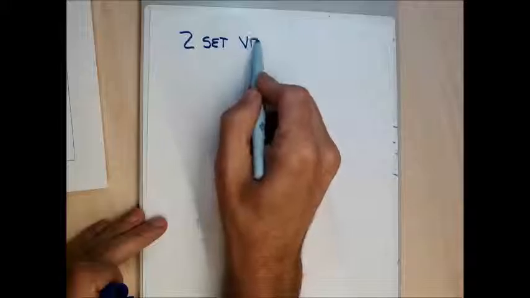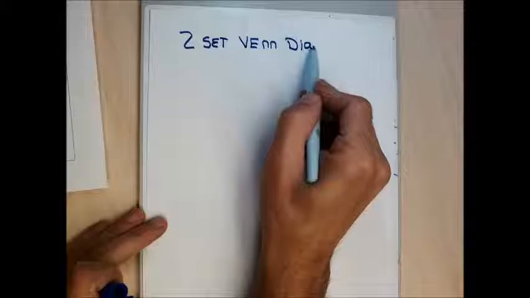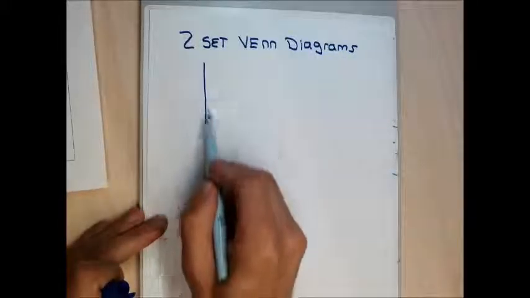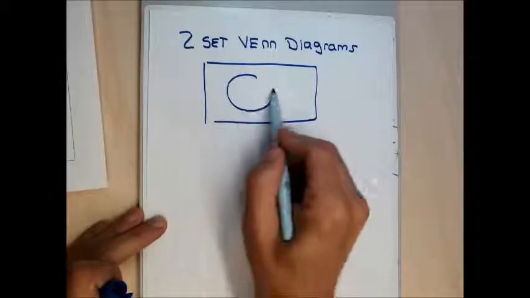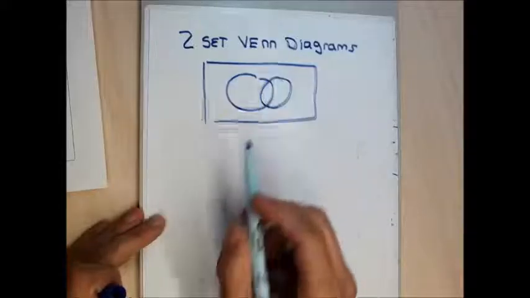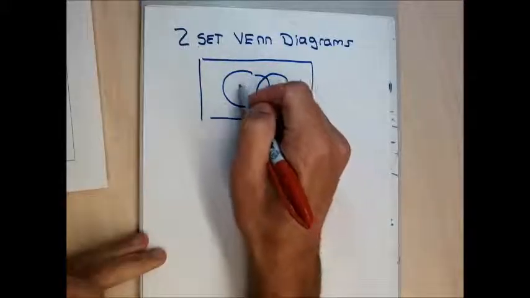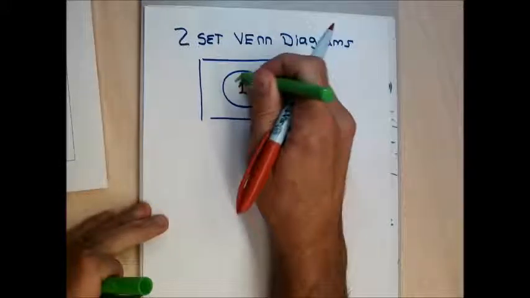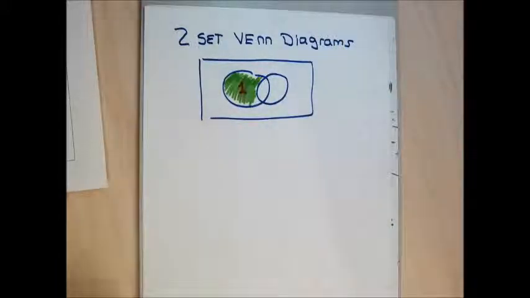So this is what we're going to do in this section in terms of the Venn diagrams. For 2-set Venn diagrams, we're going to break the diagram itself up into 4 regions. Let me just do them one at a time. I'll call this region 1, meaning that portion of the Venn diagram.